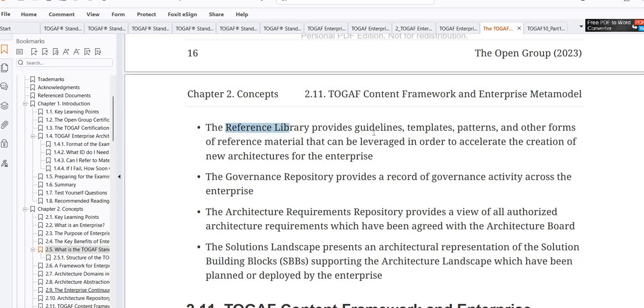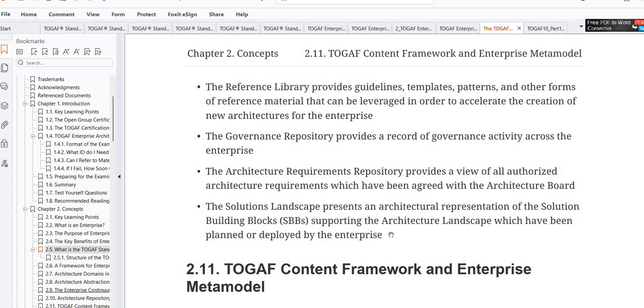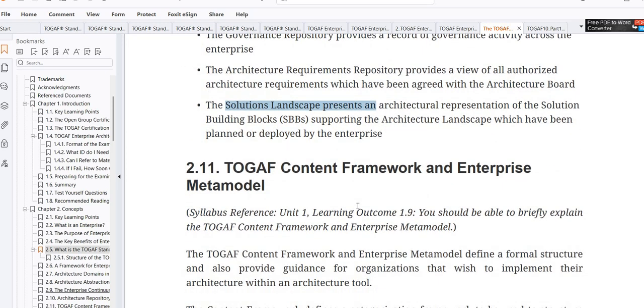That is called the reference library. Now they will ask about the solution building blocks that support the architecture landscape, which have been planned and deployed into the enterprise. What is that? That is called the solution landscape.